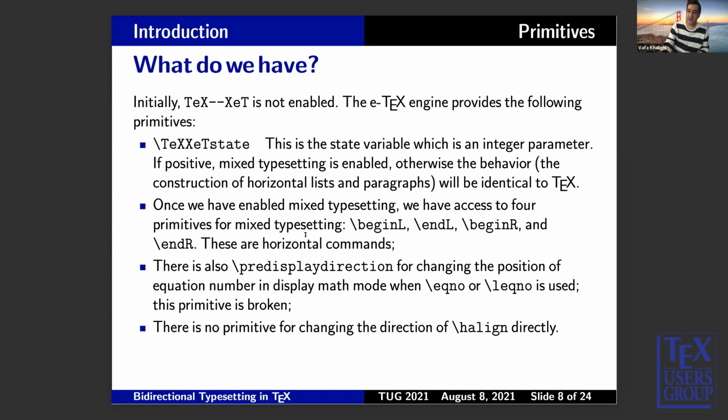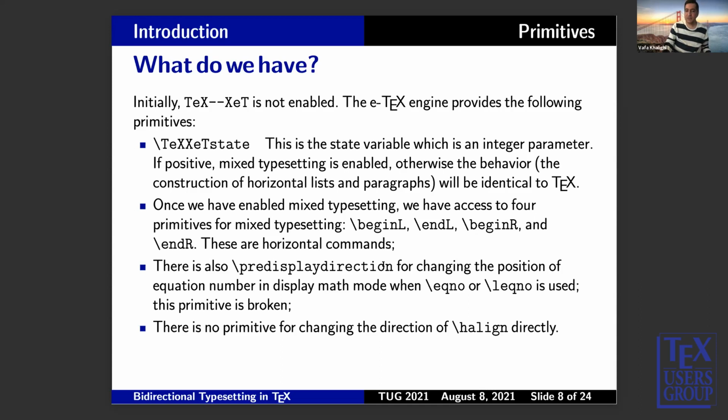These are horizontal commands, so they're not vertical, and they need to be matched. So beginL needs to be followed by endL, and beginR needs to be followed by endR. You can't just use beginL or endL and expect things to work. I think you get some error messages or warnings from TeX.